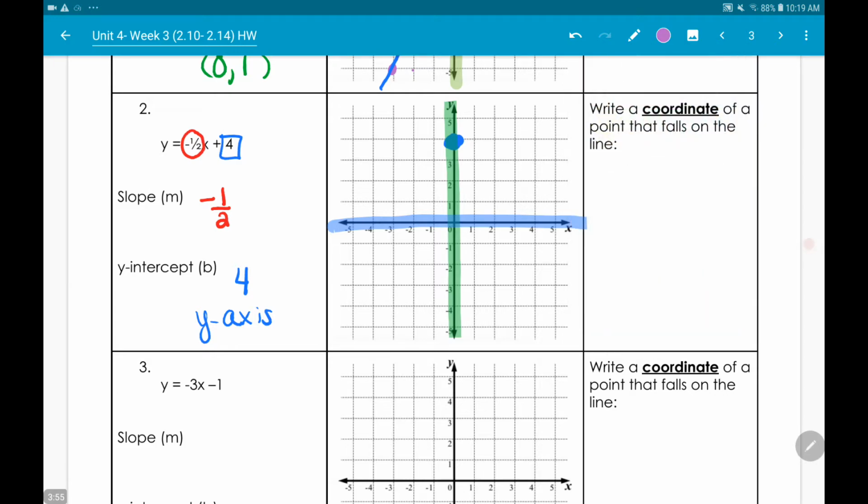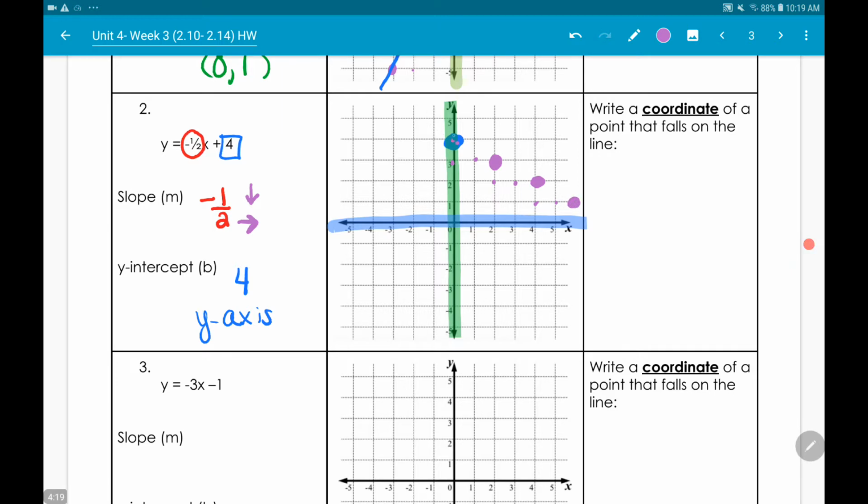All right, now my slope tells me how it's going to move. So again, that bottom number is always going to go to the right. The top number this time is a negative, so that tells me it's going to go down. So now I'm going down 1 space, right 2 spaces. Down 1, right 2.